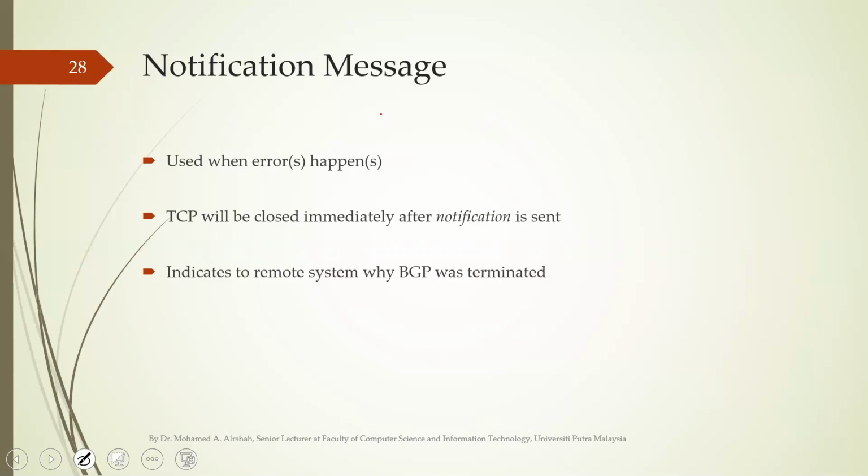It indicates to the remote system why BGP was terminated. So the notification message will tell the other side why we closed the TCP, what happened. So the other side will know what's wrong with the first side.